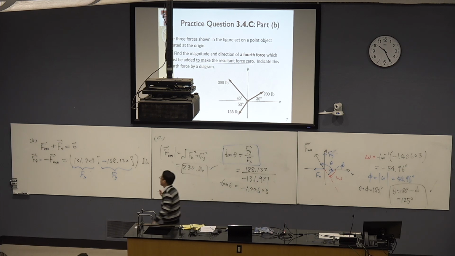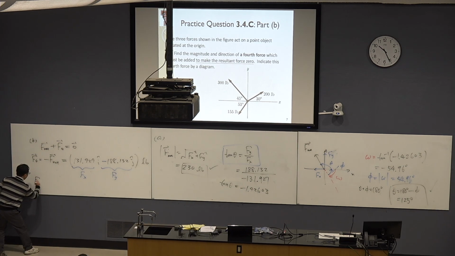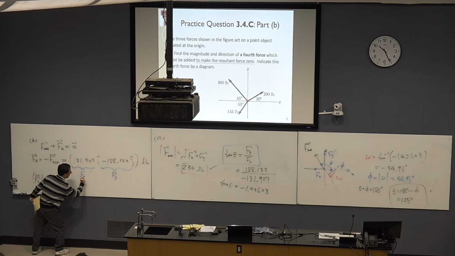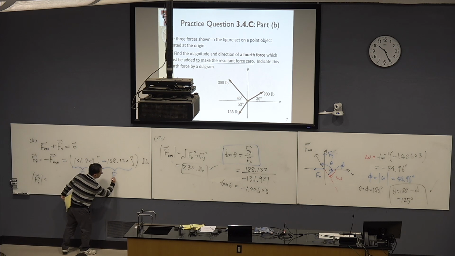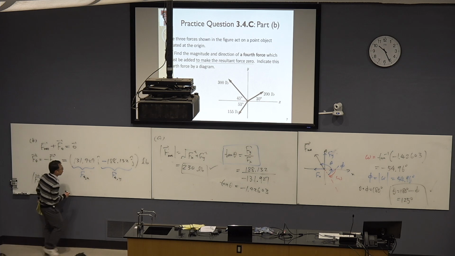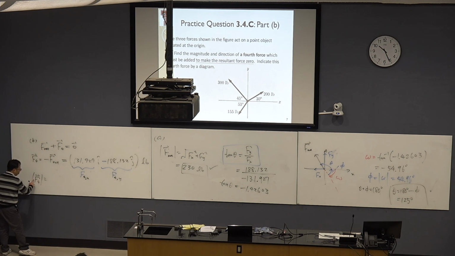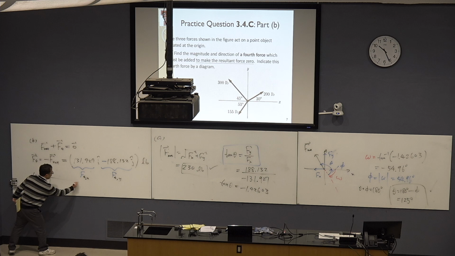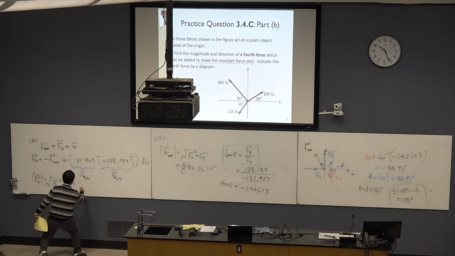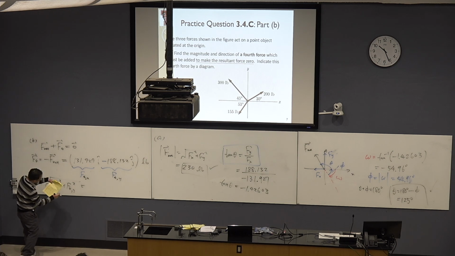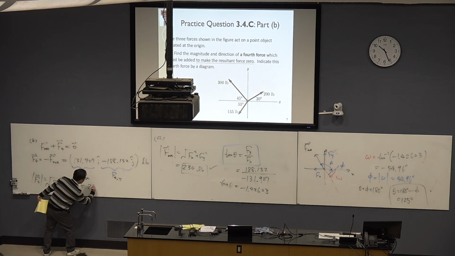The magnitude of F4 would just be equal to, using the Pythagorean theorem, I'm sorry, this is F4 comma x. Sorry, this is 4, so please change the subscript. I didn't write it precisely: F4 comma x, F4 comma y here. So you use the Pythagorean theorem: F4 comma x squared plus F4 comma y squared, and you take a square root, and this result would just be equal to 230 pounds.